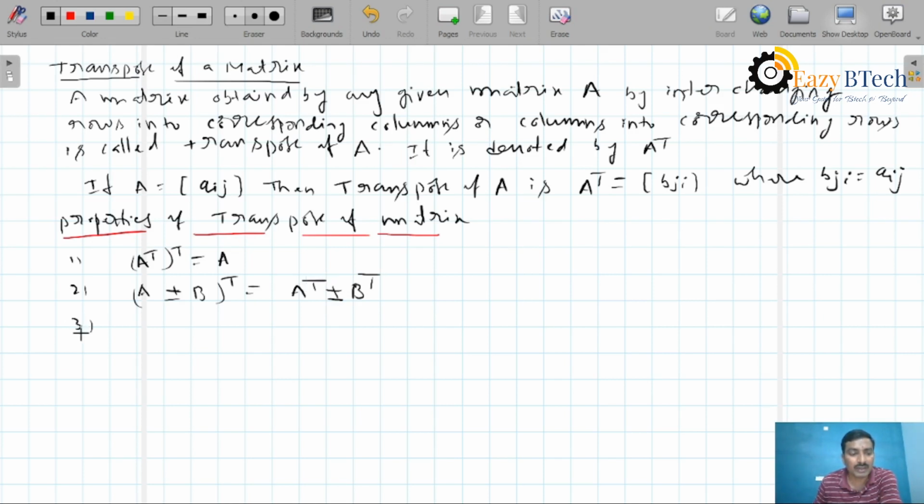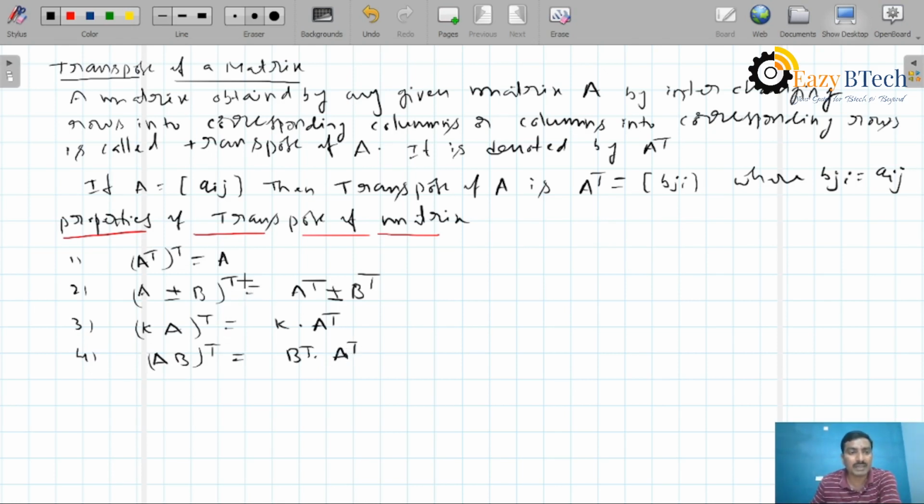Come to the third one: some constant K into A whole transpose can be written as K times A transpose. The fourth property: AB whole transpose equals B transpose into A transpose. These are very important properties.